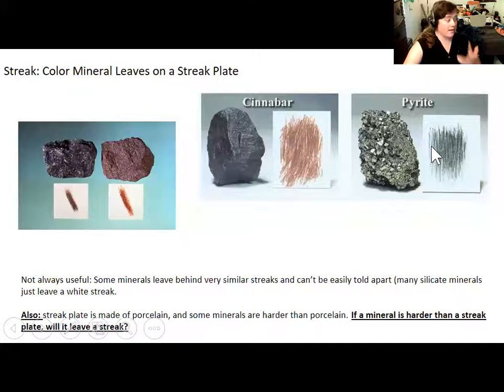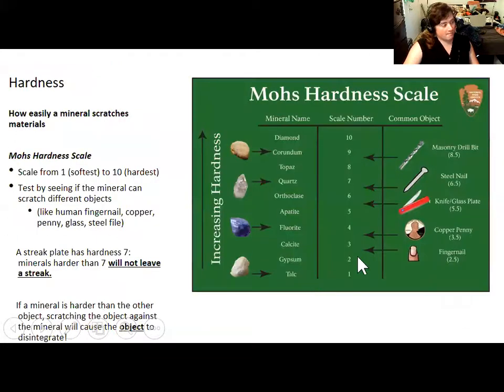Sometimes the streak can help us determine a mineral diagnostically if the hand samples are beat up and it's hard to tell exactly what mineral it is. But streak plates will not always be useful, and the hardness of the mineral has a lot to do with that.